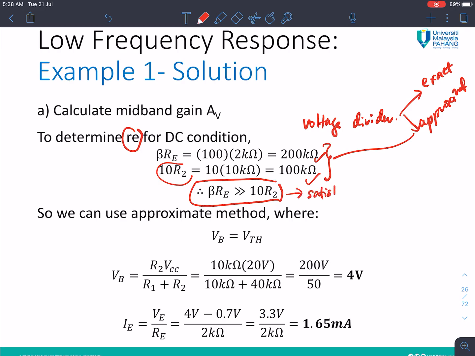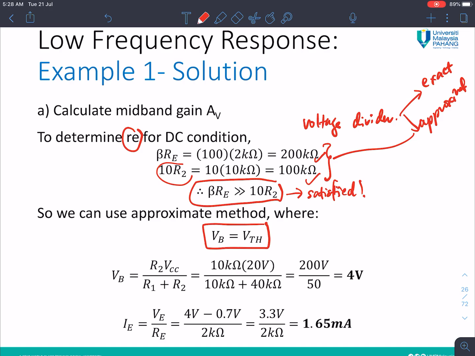Satisfied, so I can use the approximate method. What do you mean by the approximate method? With the approximate method, to get the VB, we can directly use the VTH.